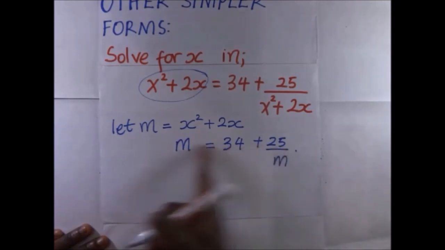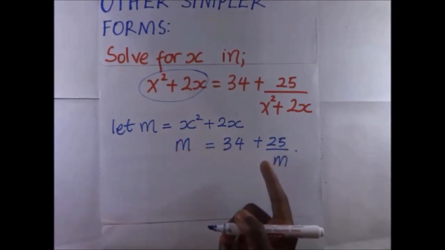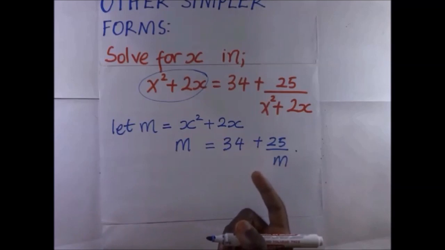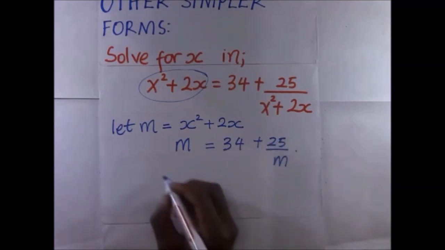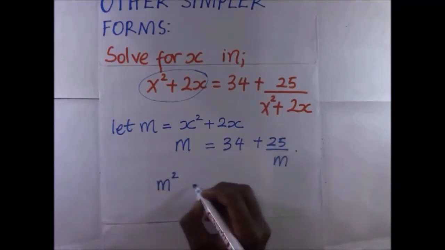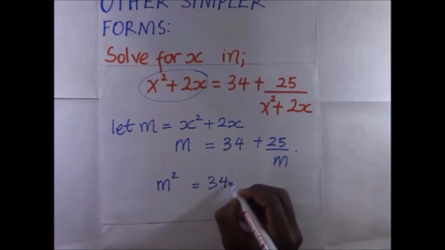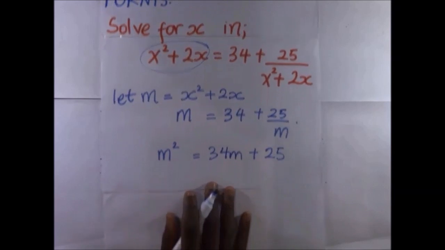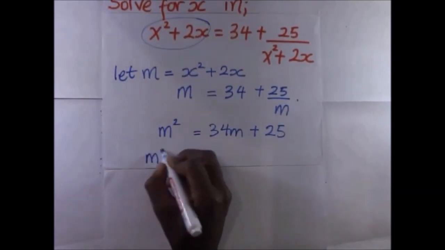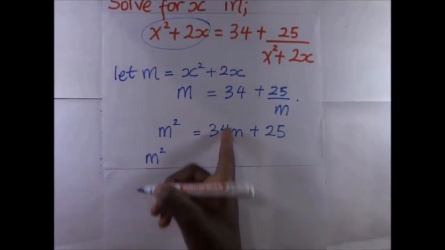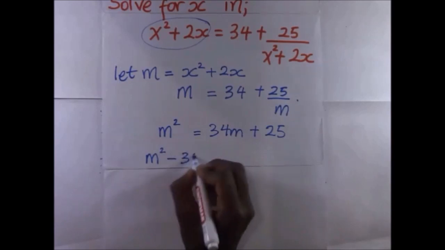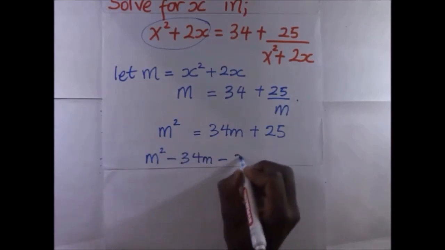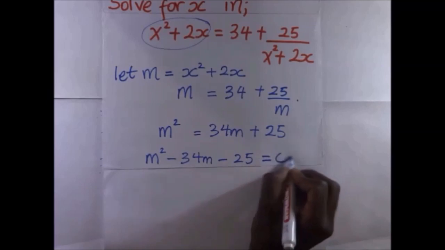So we multiply through by m to make this a flat equation, and then we work towards solving for the value of m. So when we multiply by m throughout, it becomes m squared is going to be giving us 34m plus 25. So it becomes m squared, this comes that way and that comes that way, it becomes minus 34m minus 25 should be equal to 0.